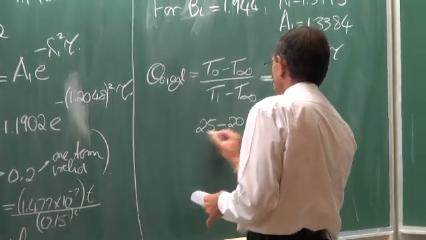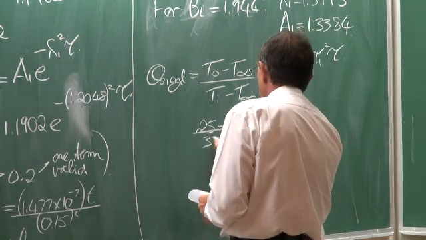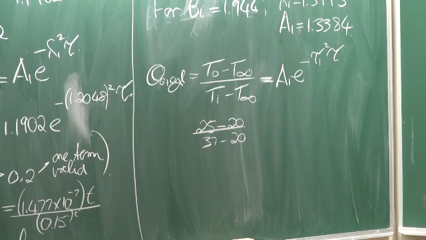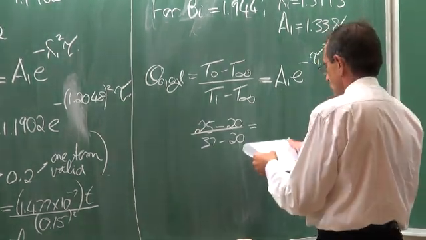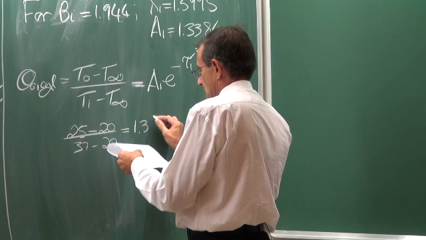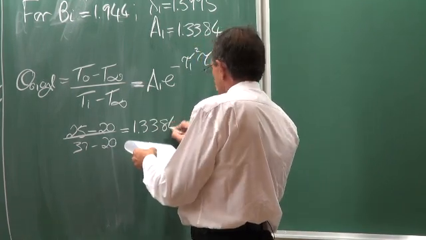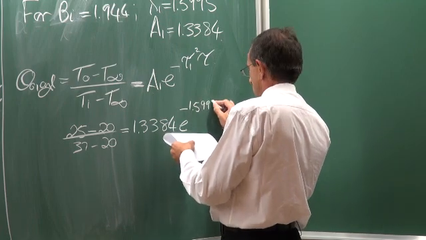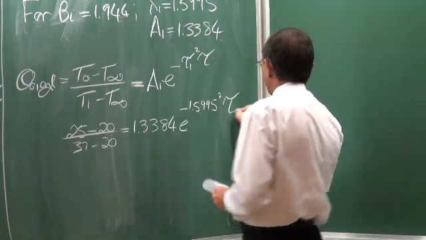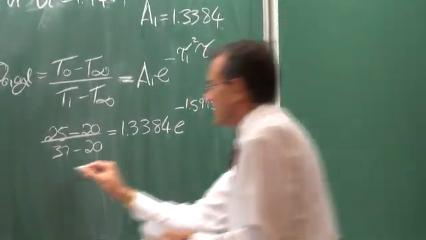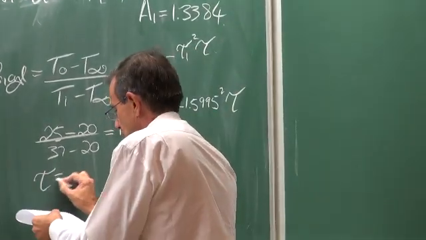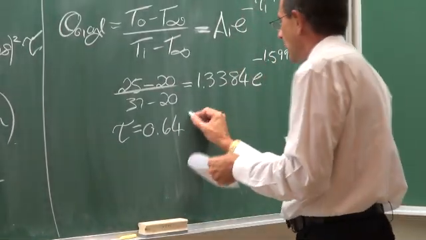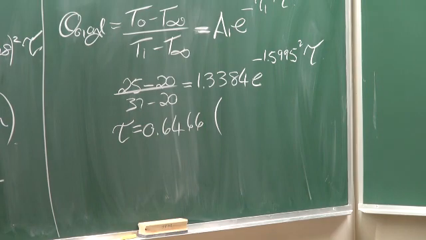The environment temperature, 20. The initial temperature, 37. So 20 is equal to A1, 1.3384, e to the minus 1.5995 square multiplied by tau. Calculate the non-dimensionalized temperature. Fortunately, it is equal to 0.6466.